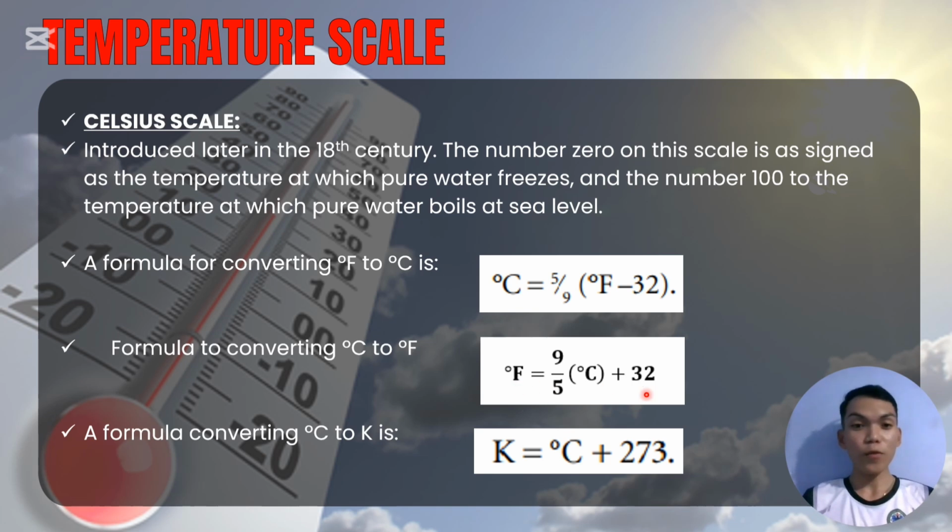So, the formula for that is degrees Fahrenheit is equal to 9 over 5 multiplied by degrees Celsius plus 32. And the last formula is in converting degrees Celsius to Kelvin. The formula for that is Kelvin is equal to the degrees Celsius plus 273.